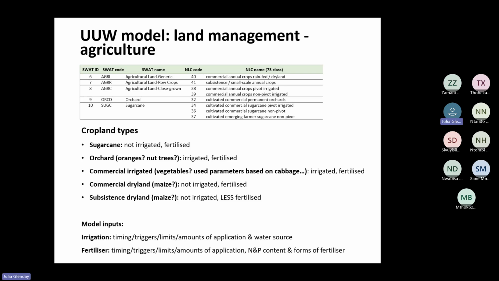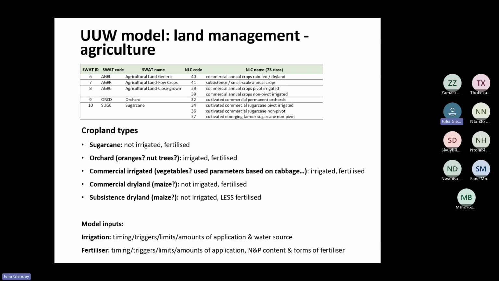So what I said for the irrigation is that within the growing season of whichever crop it is, irrigation would occur if the soil drops below, I think the suggested is 80% of field capacity, to then apply irrigation water up to a maximum flow rate.